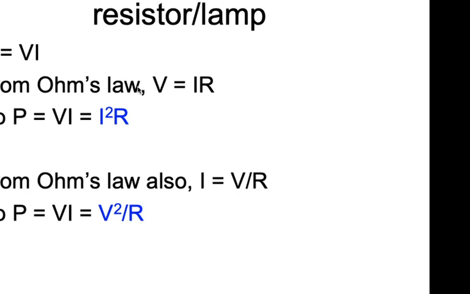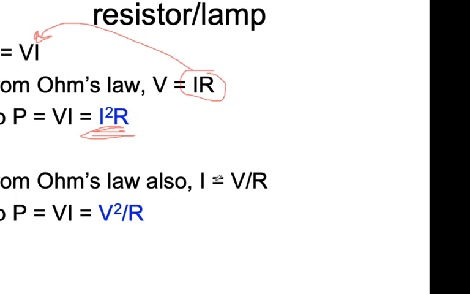We also know that voltage is equal to current times resistance, which is Ohm's law. So we can simply substitute this in, right? We're going to solve power equals voltage times current, but instead of voltage, we're going to substitute IR from Ohm's law, and we're left with power is I squared times resistance, current squared times resistance, right?